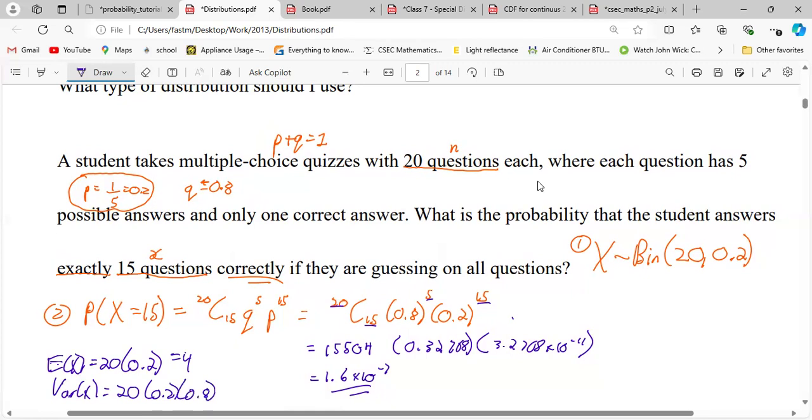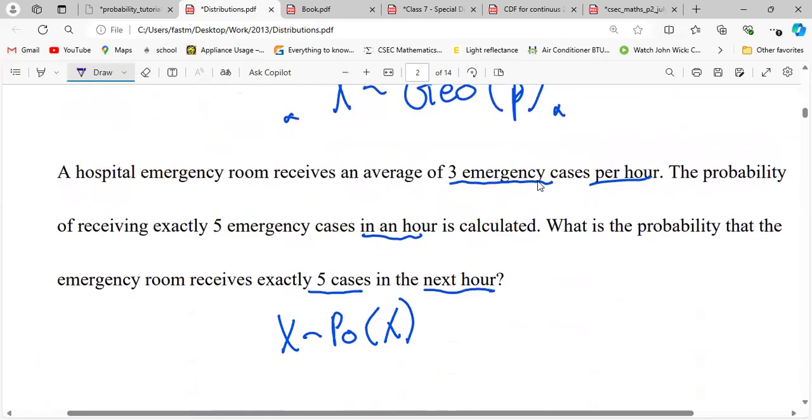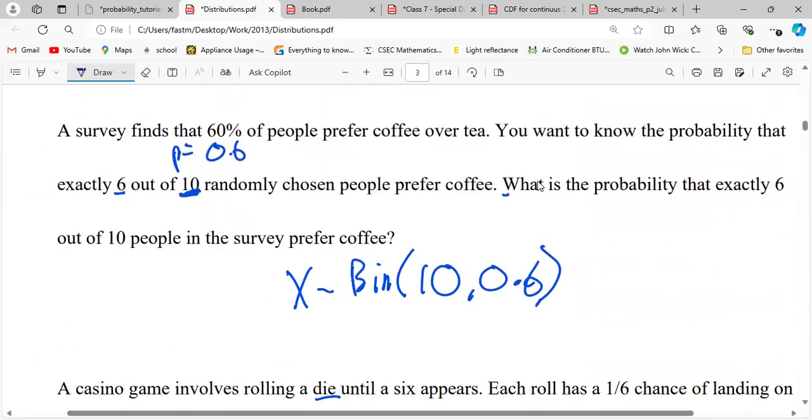So 0.2 by 0.8 by 20, and you get it. With that said, we did probability, expectation, and variance. And that there is a straightforward binomial distribution question. So let's see if we can try the other one here.